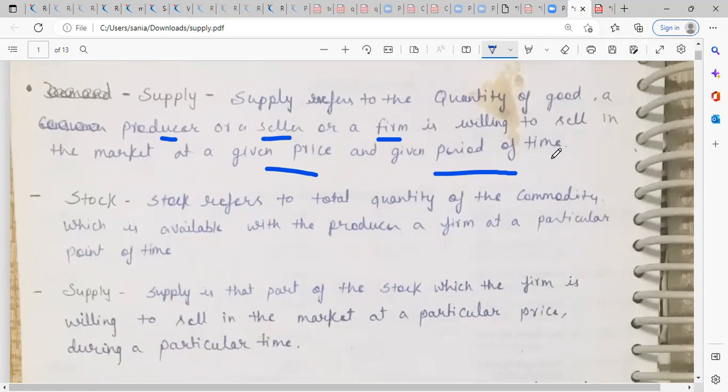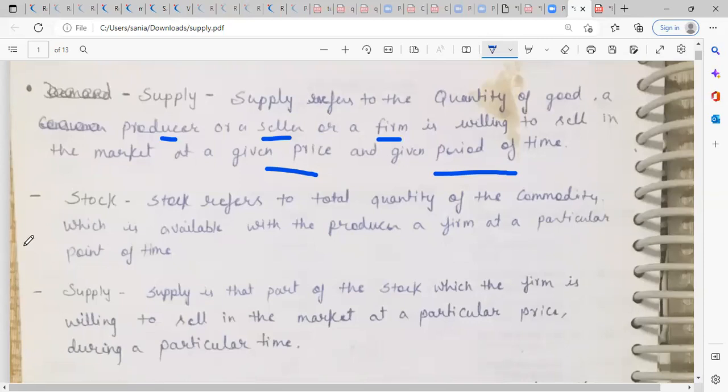For example, in winter time, you will be getting woolen clothes, and in summer time, you will be getting cotton clothes. So supply is the quantity of good a producer or a seller or a firm is willing to sell in the market at a given point of time and at a given price.